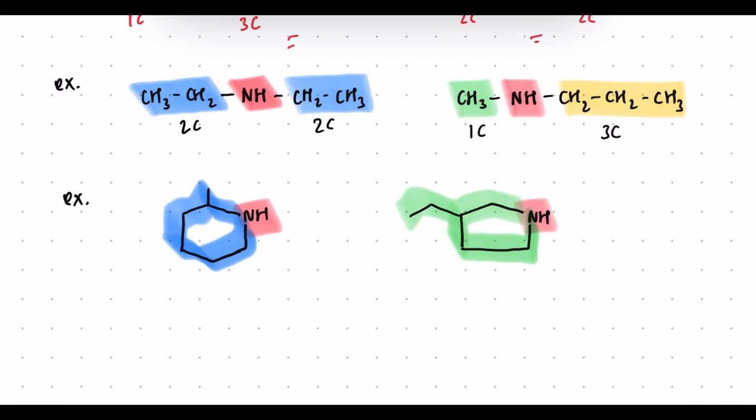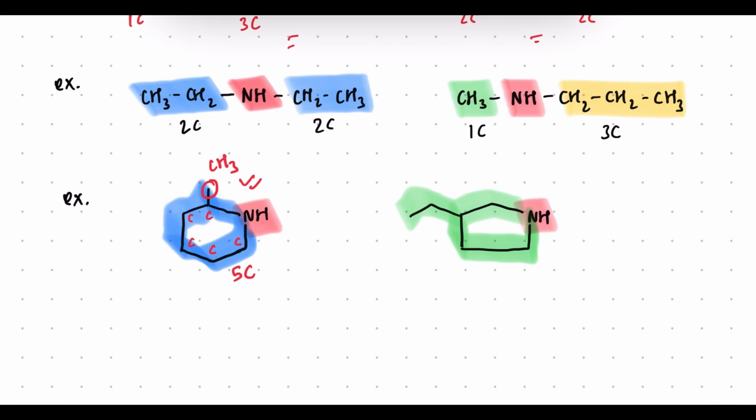Now when we're looking at it, check the constituents of the ring and other groups bonded to the ring. So if I were to look at this ring right here, the first compound, we realize that there's 1, 2, 3, 4, 5, 6-membered chain, out of which only 5 of them are carbons. And there is a methyl group attached to one of the carbons, or the first carbon.